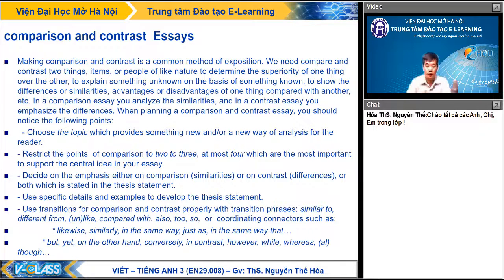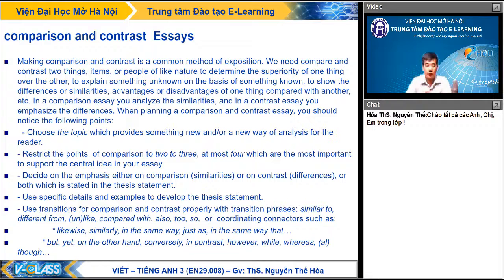We need to compare and contrast two things, items, people, like nature, to determine the superiority of one thing over the other, to explain something unknown on the basis of something known, to show the differences or similarities, advantages or disadvantages of one thing compared with another, etc. In a comparison essay, you have to analyze the similarities.